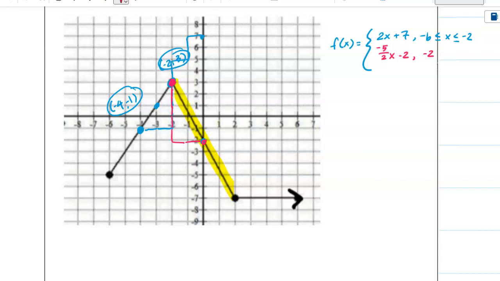It starts at -2 right here, but I can't put the equal here because if these two equals overlap, then it's going to be wrong. So it's not going to be a function. Okay, and then x, and it goes all the way to +2.